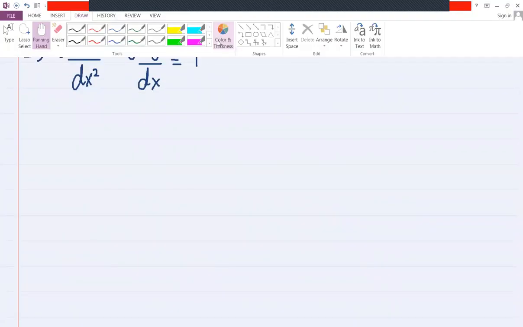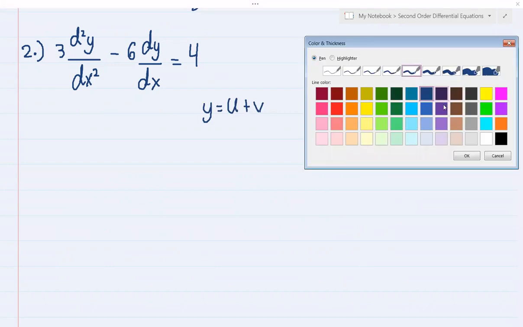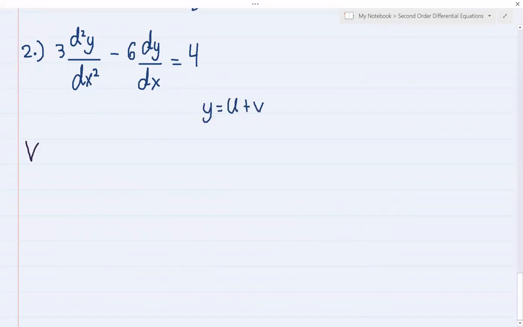The same thing, okay? So again, we're going to find y is equal to u plus v as usual. Now, as always, start with your v, okay? Let's find your v, okay? Wait, no, sorry. Let's find your u. Forgive me, it's supposed to be u, all right?